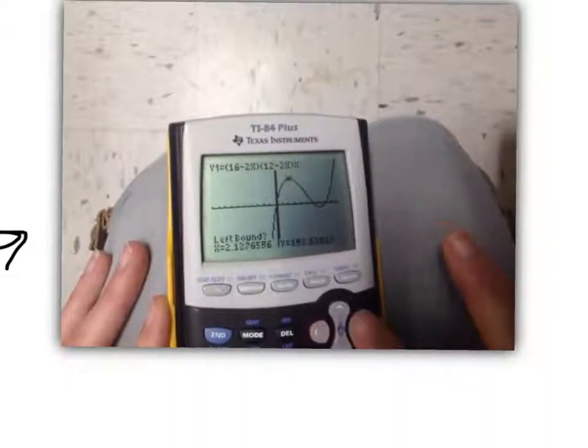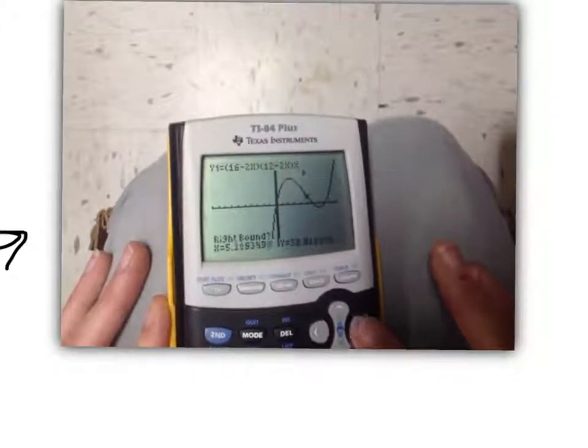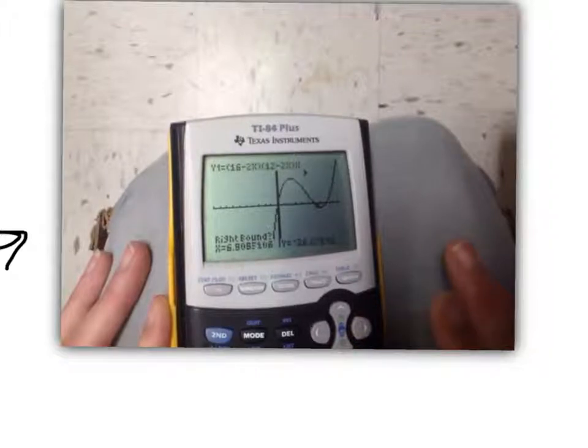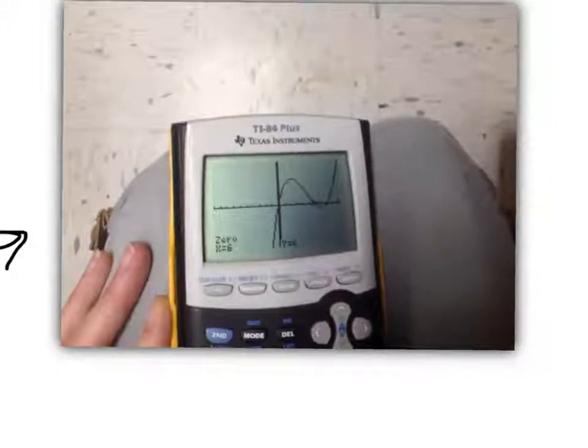You make sure you're to the left of your zero, which in this case is above it. And then go down to the right until you've zoned in. Press enter, and one of the zeros for that problem would have been x equals 6. So you would do that again for the other 2 zeros.